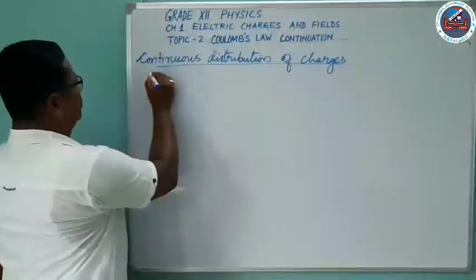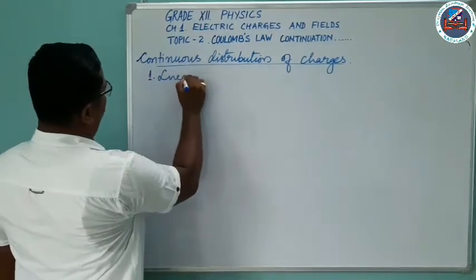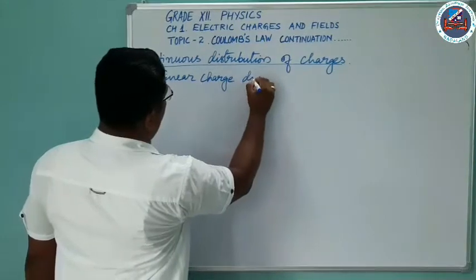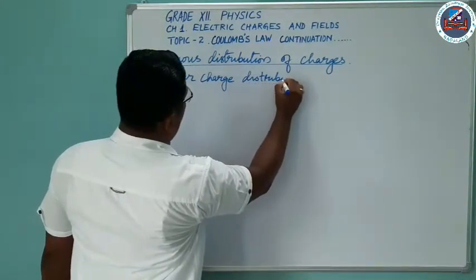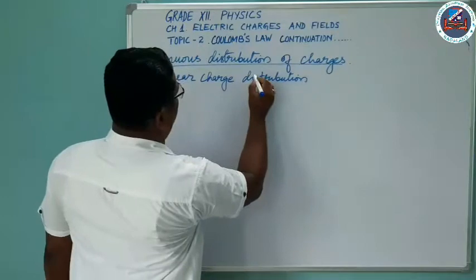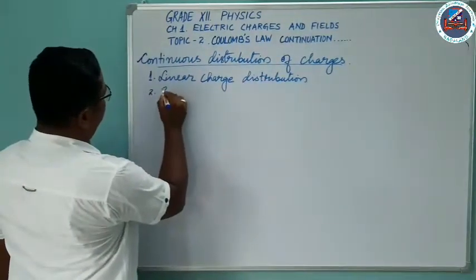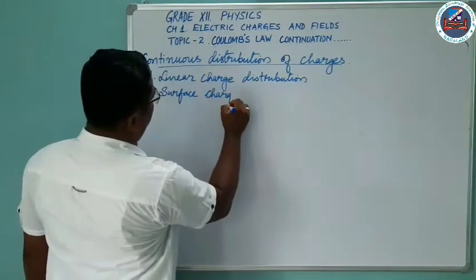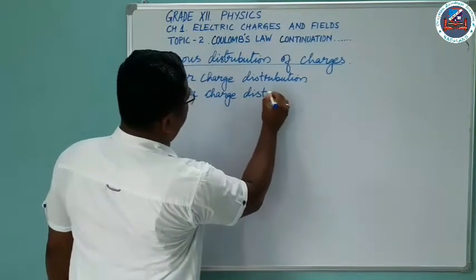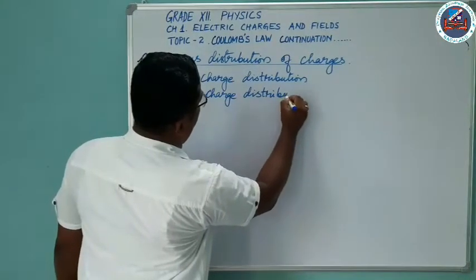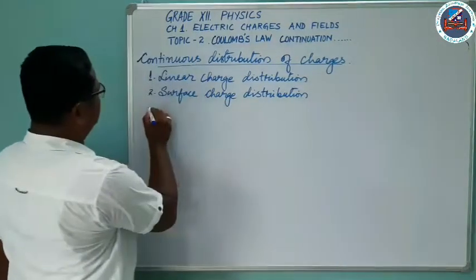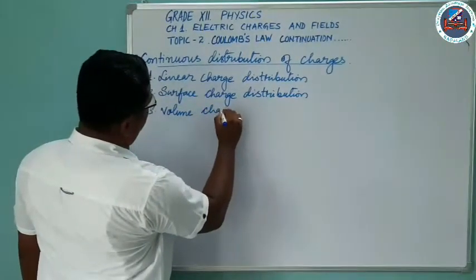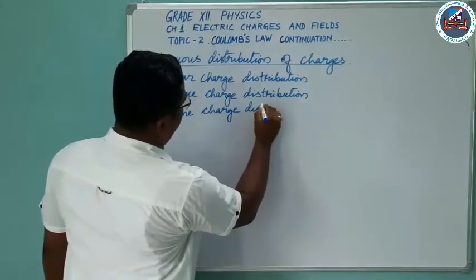The first one we call linear charge distribution. The second one is surface charge distribution. And the third one is volume charge distribution.